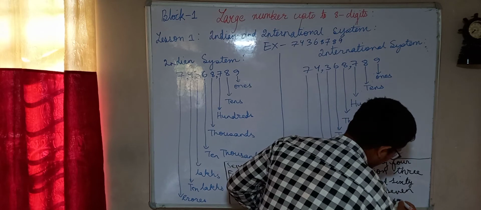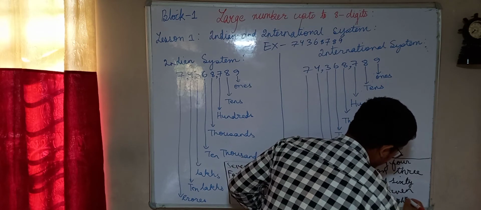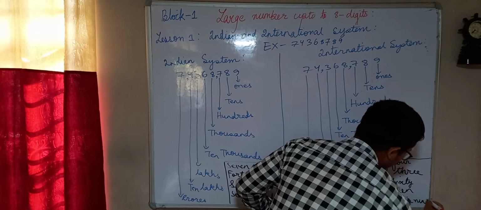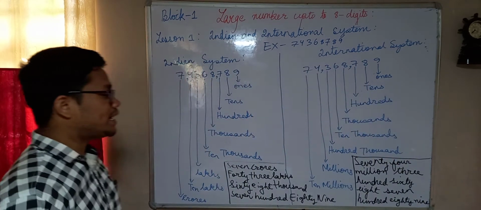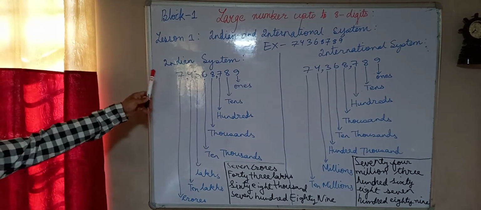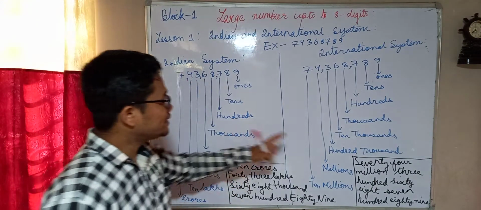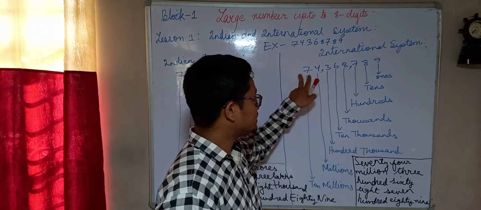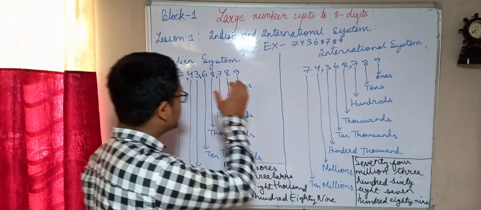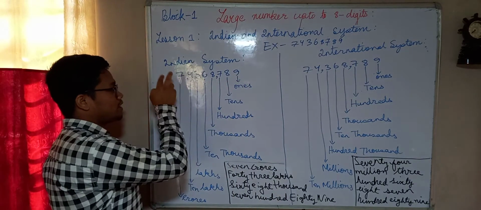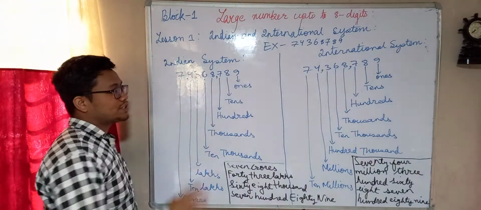Okay, 789. So very simple, children. That is the difference between the Indian and international systems. In the international system, the same rule applies: after every bracket we have to consider the number.